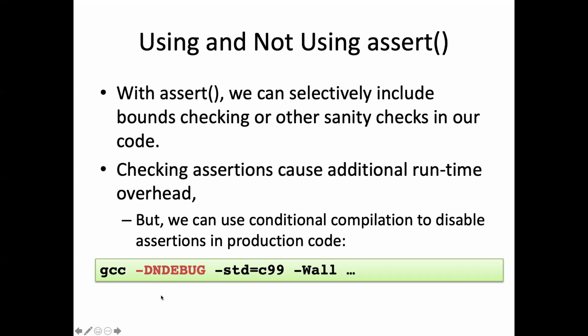So if you recompile all of your source files with this -D NDEBUG flag, all of your assertions get turned off, which if you were worried about the computational overhead of an assertion, this turns them all off in your code. So it makes it easy to turn on debugging code when you're developing. And then maybe when you release something and you don't want the performance overhead, without even changing your source code, you can go in and suppress all the assertions.